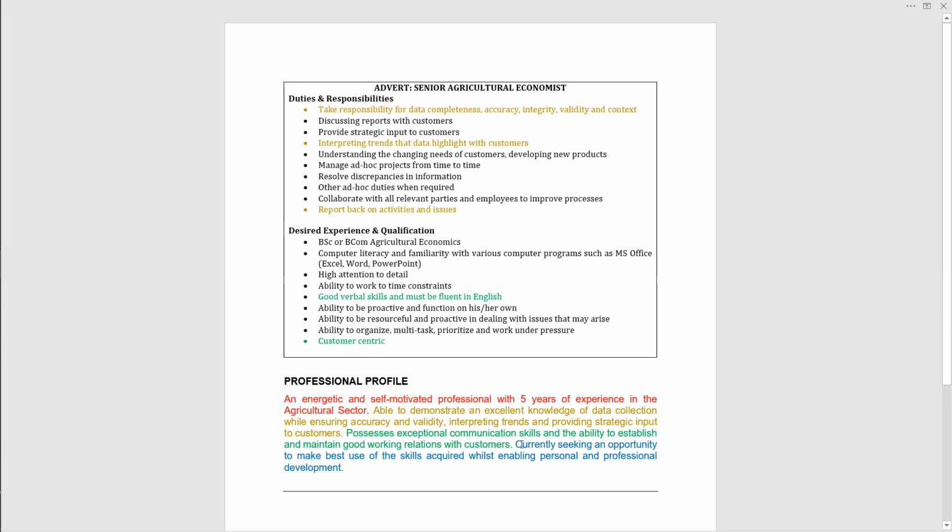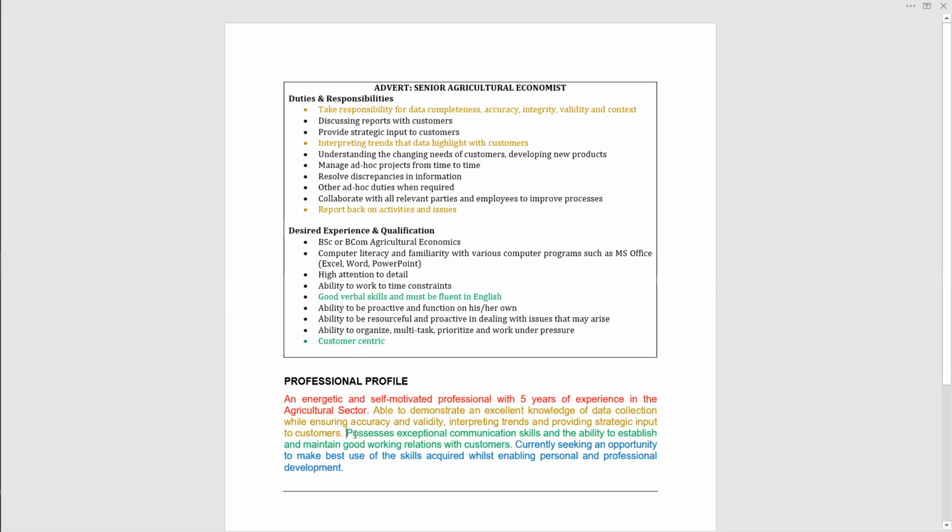And then here you talk about the skills that you possess. Now, some recruiters will say that saying "possesses exceptional communication skills and the ability to establish and maintain good working relations with customers" is some sort of cliche, and I would advise avoiding cliches in CVs.